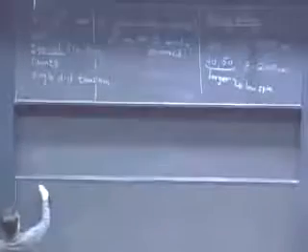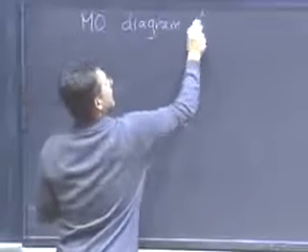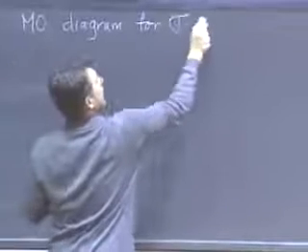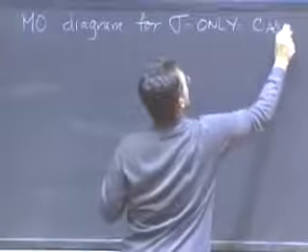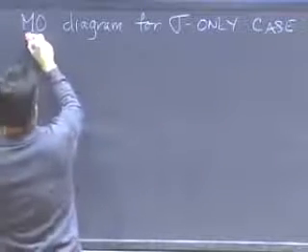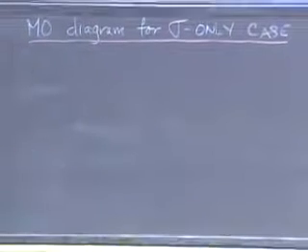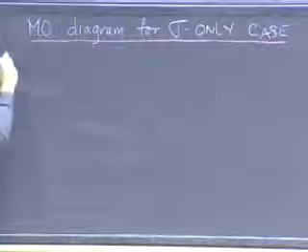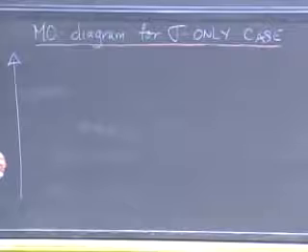So here's the MO diagram for the sigma-only case. What we have is an energy level diagram that will represent the interaction of these linear combinations with the metal valence orbitals.